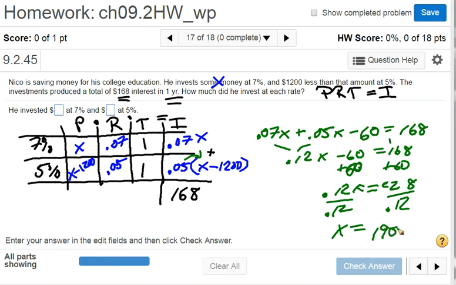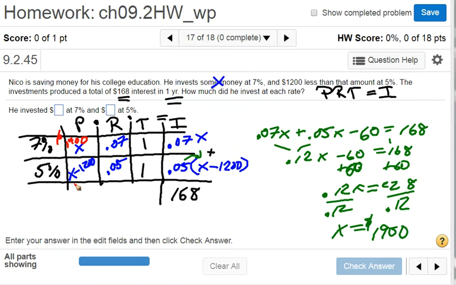Now, I think I'm going to have different numbers than you, so make sure you just use this as an example. But what we're looking at here is, our X was what? The amount at the 7%. So that is my 1,900.